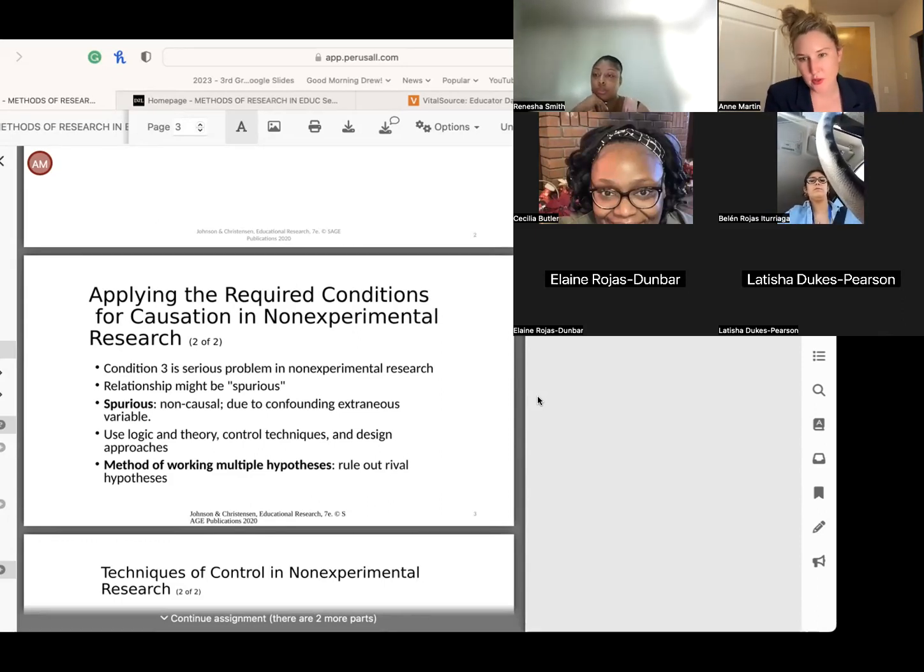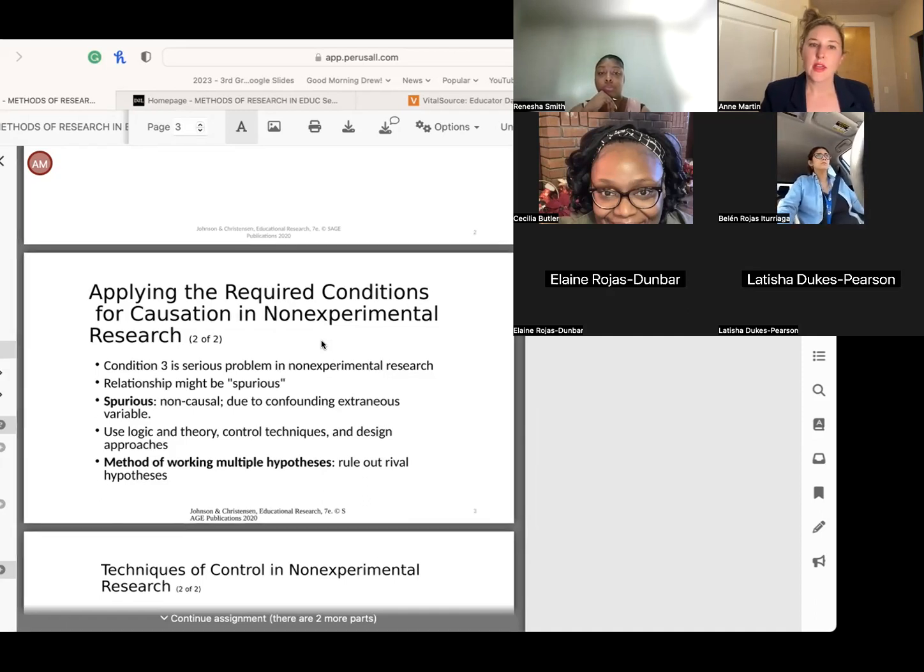So if you were thinking about it like that, but in this sense, non-experimental research is a method of quantitative research. You might hear someone say that, but if they're talking about it that way, they're talking about it more generally and not a specific method.